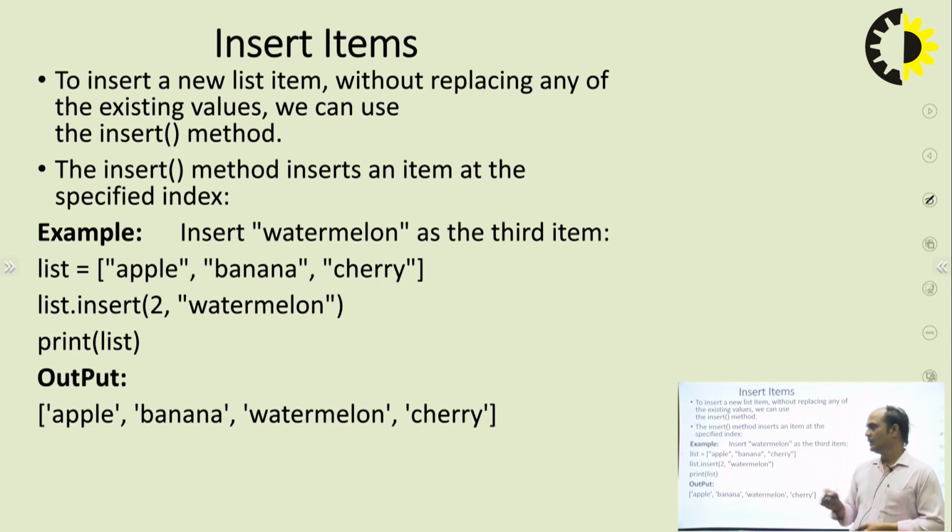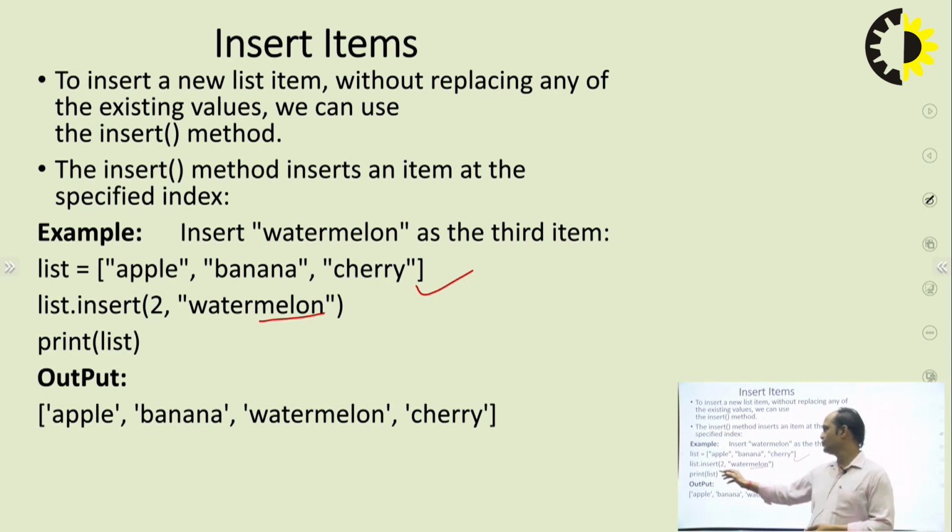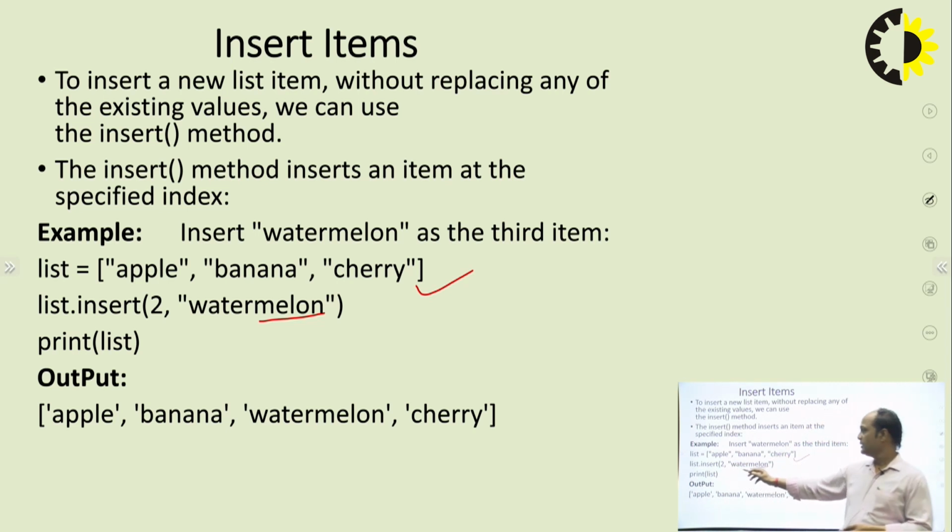Suppose we have a list: apple, banana and cherry, and we want to add one more item called watermelon in the second position. So how will we insert it? We will use list dot insert, position two, and watermelon. Then print the list.